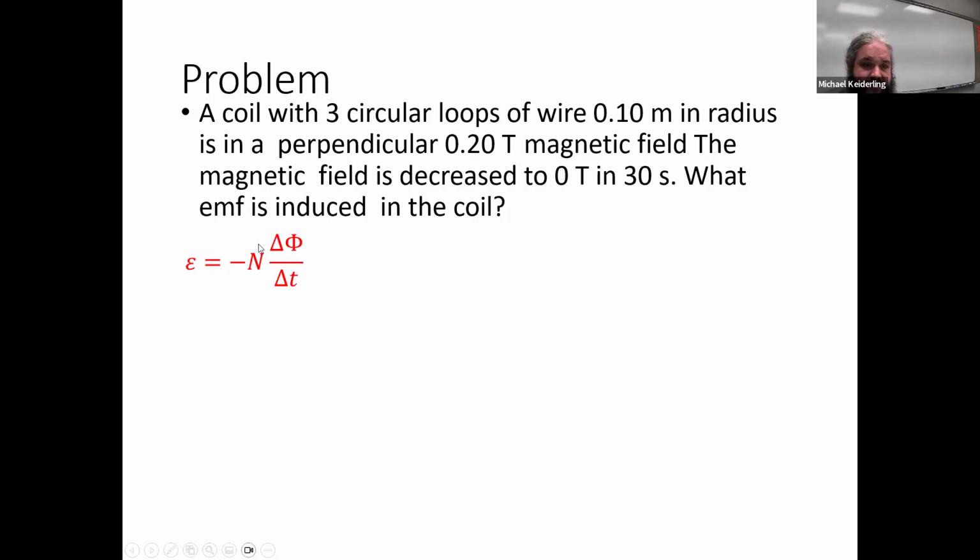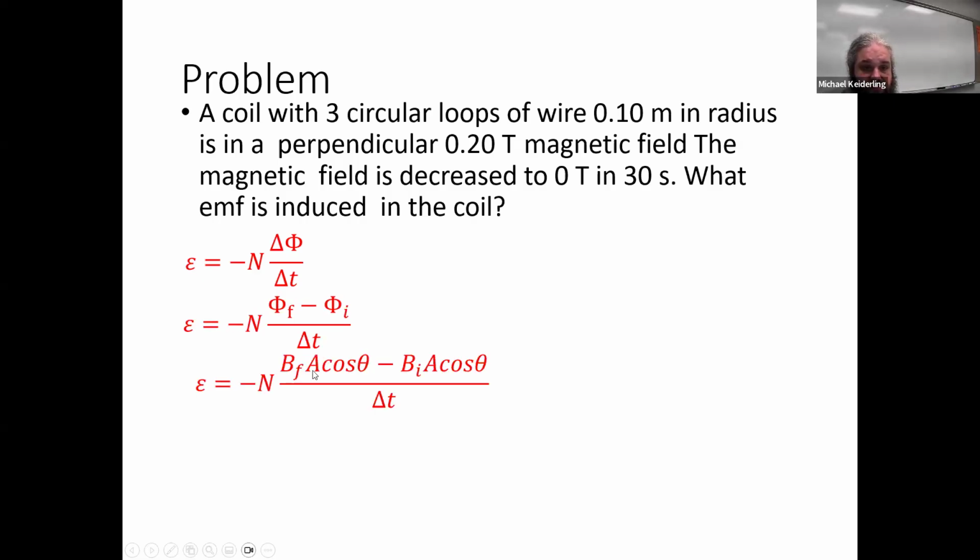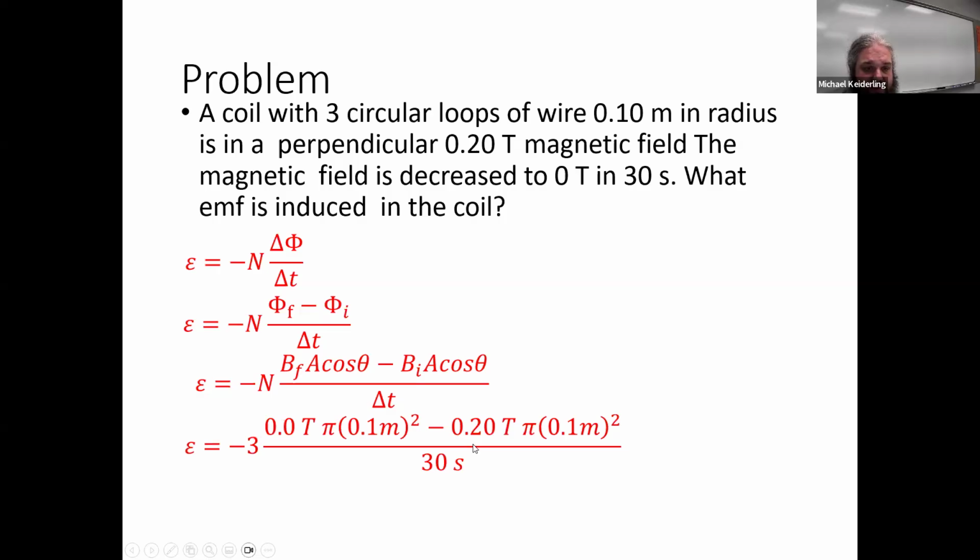So EMF is going to be minus number of turns times change in flux over time. So final flux minus initial flux over time times number of turns. So final magnetic field times the area times the cosine of the angle minus initial magnetic field times the area times the cosine of the angle, over time.